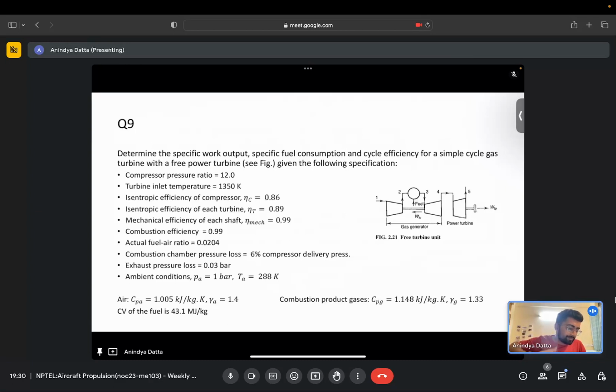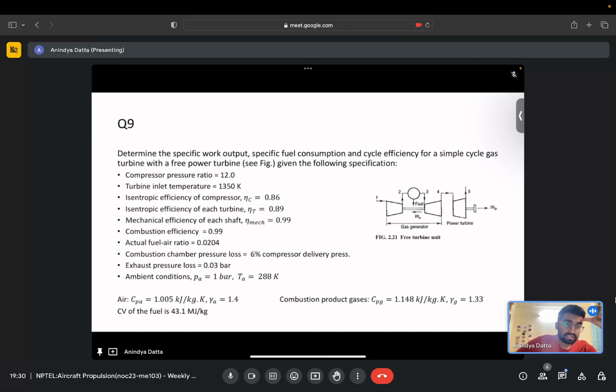The important thing here is that the work output from the first turbine stage is completely used to run the compressor. The power turbine is on a separate shaft, and the entire output from the power turbine is connected to the generator.